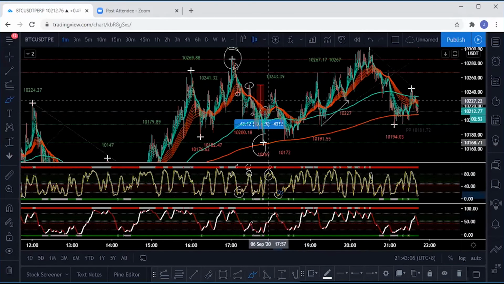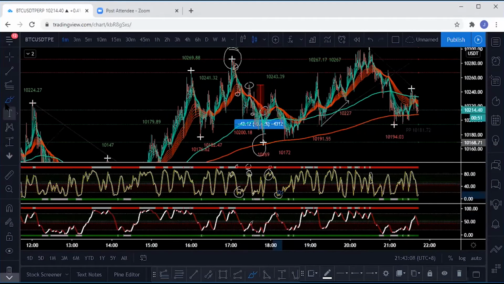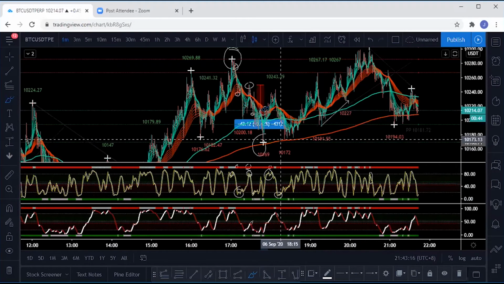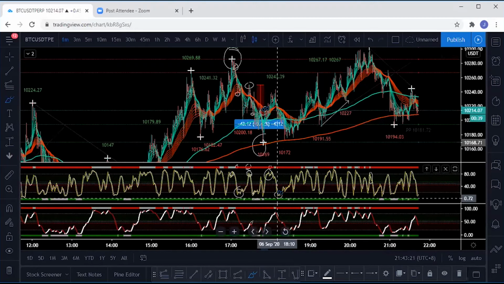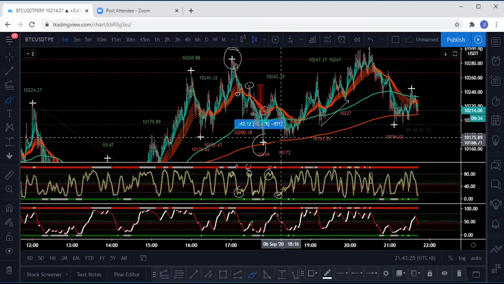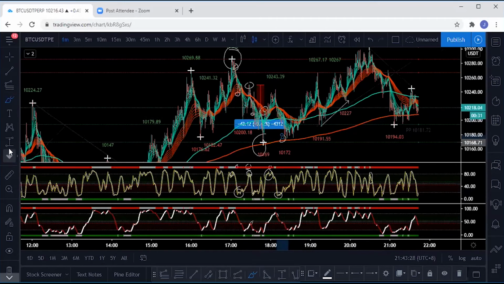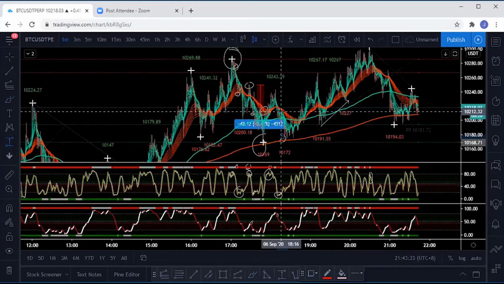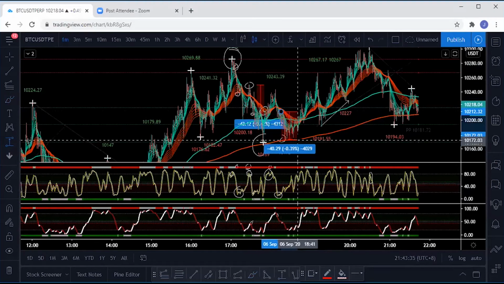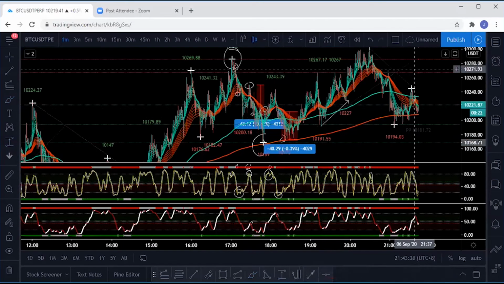So entry is here. This is your entry. So where you're going to exit is here, in our support. This one. So 89% plus 39%, that is your trade. 89 plus 39.